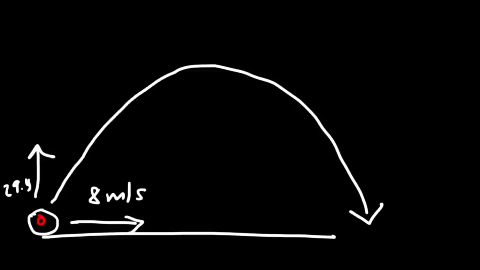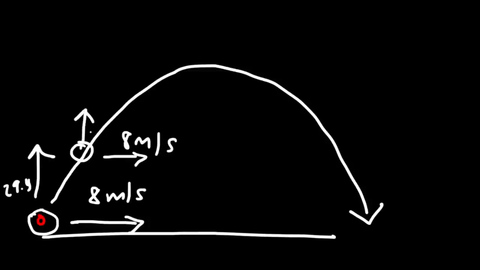What's going to happen 1 second later? So 1 second later, what's going to happen to Vx and Vy? Now, it's important to understand that Vx will not change for projectile motion. Gravity does not affect Vx, it affects Vy. So 1 second later, Vx will still be 8 meters per second.